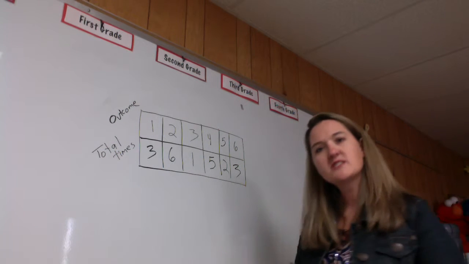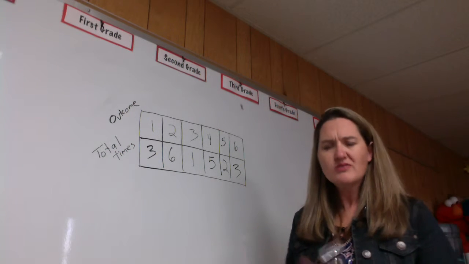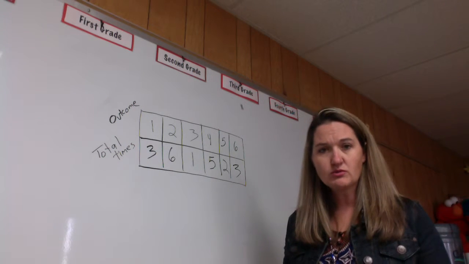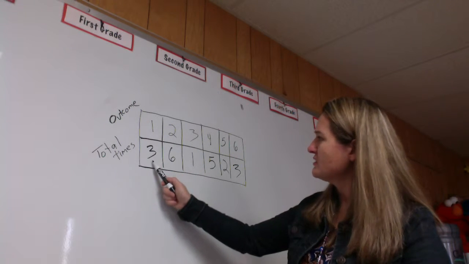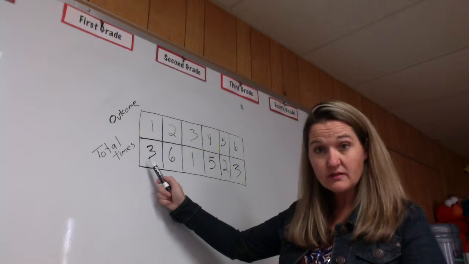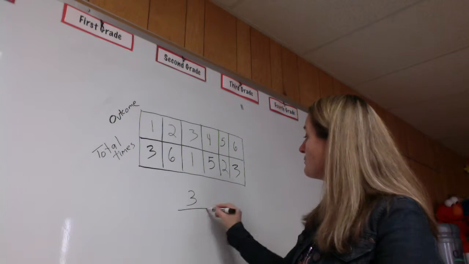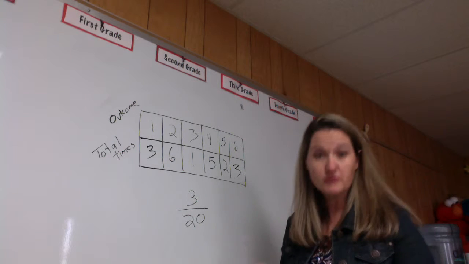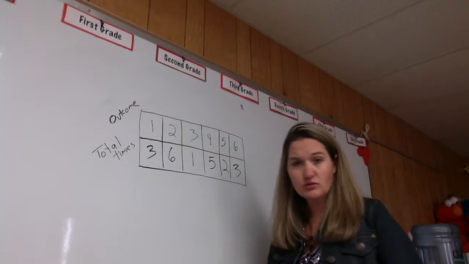If I were to roll that dice again, what is the experimental probability that I will roll a 1? Well, I rolled the 1 3 times out of how many? You add them all up. It was 20. So the experimental probability that I will roll a 1 is 3 out of 20. What is the experimental probability that I will roll a 3?